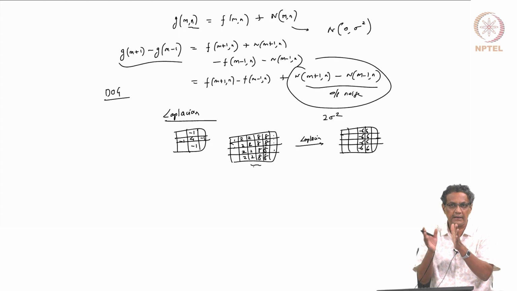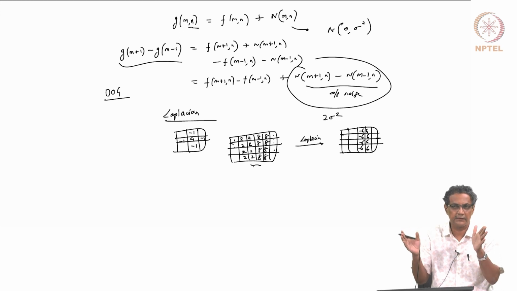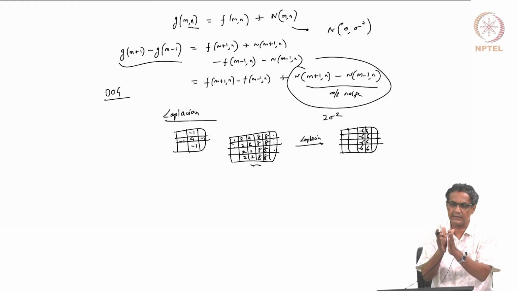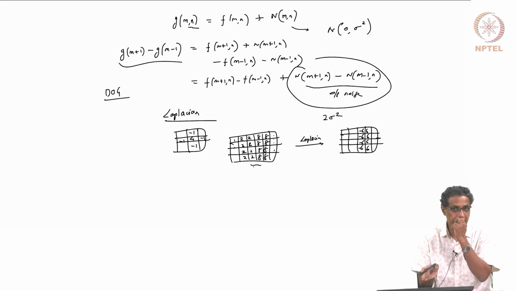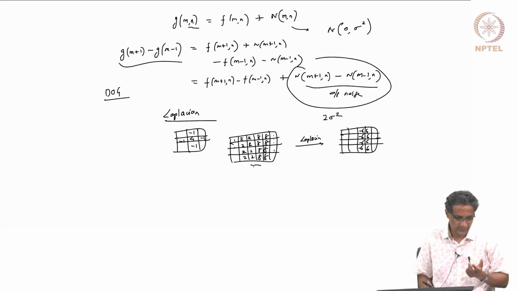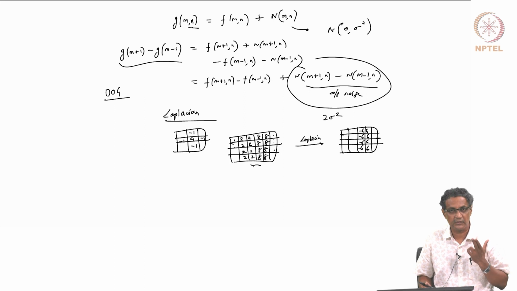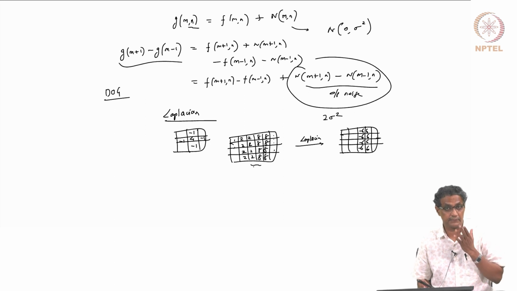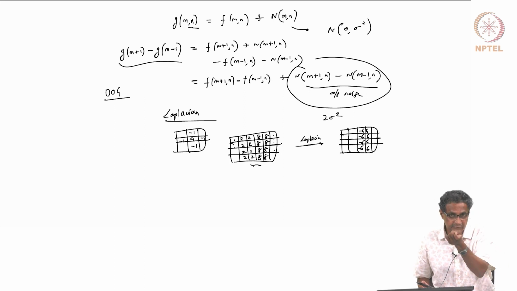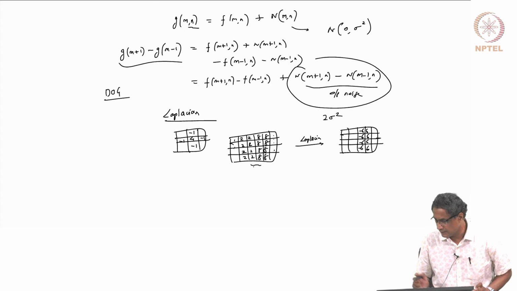I'm not saying it's happening here, but that is something you don't want. Two, what you also want is good localization. That means I should know that the edge actually exists at that location. Now here, where does the edge exist?